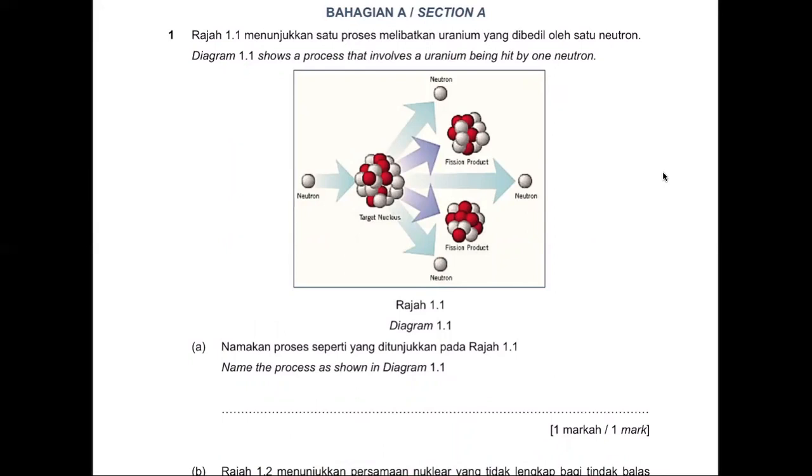So that process is either nuclear fusion or nuclear fission. So as you can see here, you will use one neutron and then it will bombard the target nucleus, and then it will split into two lighter nuclei and produce another 3 neutrons. So this is nuclear fission.